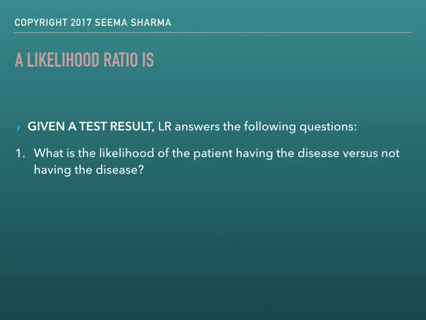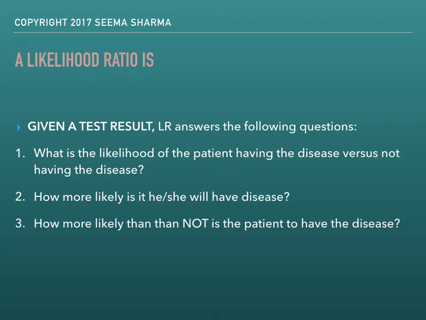What is the likelihood of the patient having the disease versus not having the disease? 2. How more likely is it that he or she will have the disease? 3. How more likely than not is the patient to have the disease? These three questions are asking the same thing. They're just worded a little differently.